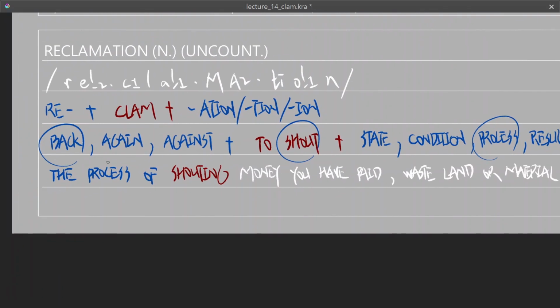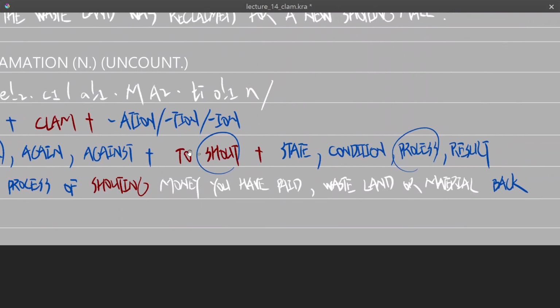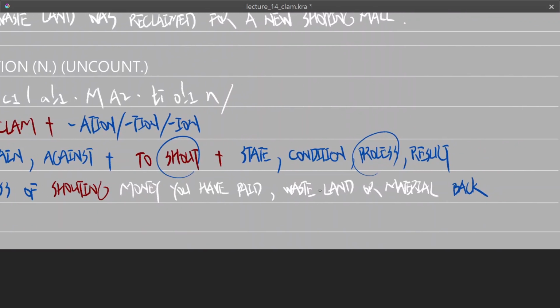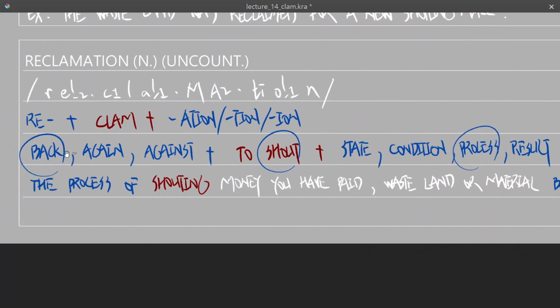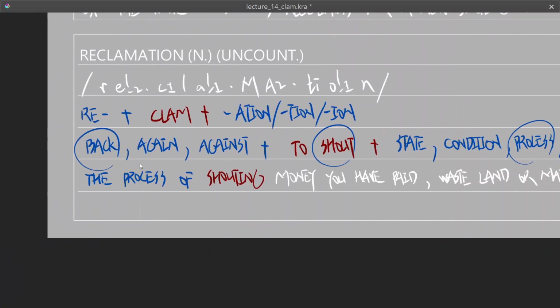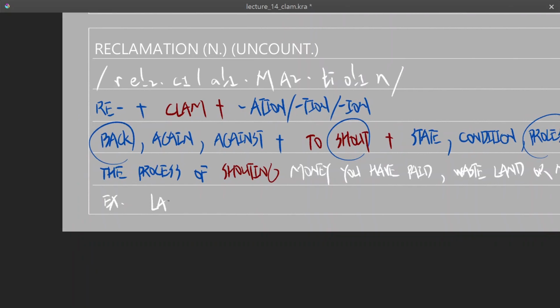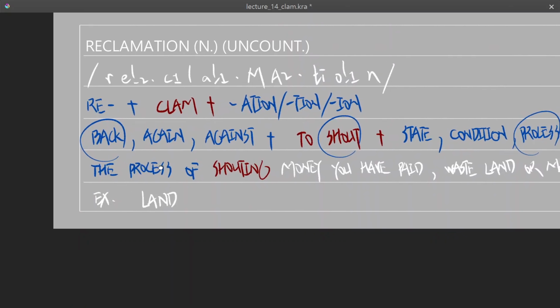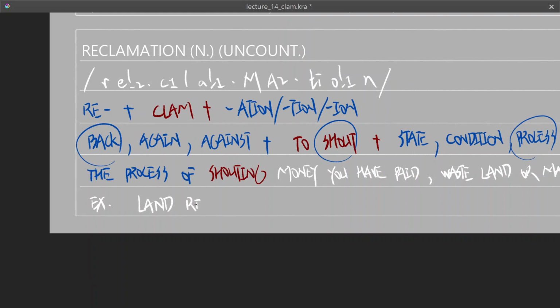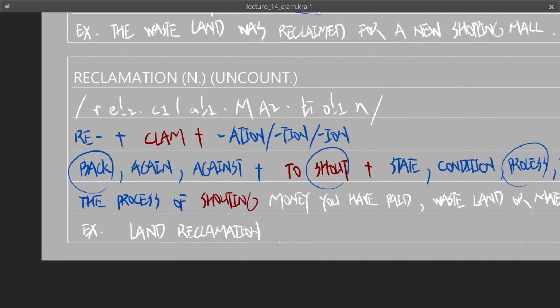Correct. The process of shouting money you have paid or wasteland or material back. So for example, we have, let's say, land reclamation. All right.